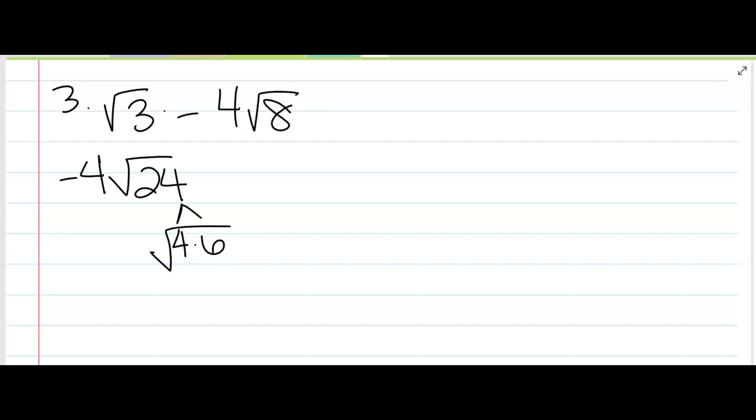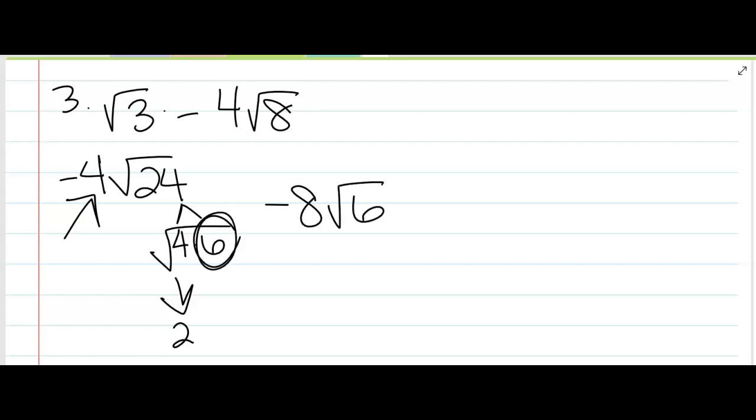Now when you take the square root of 4, you get 2. But keep in mind, we had a negative 4 that was out there already. So we're going to take negative 4 times 2, which is negative 8. And then still underneath the radical, I have this square root of 6 that I could not take the square root of. So negative 8 square roots of 6 would be your answer.